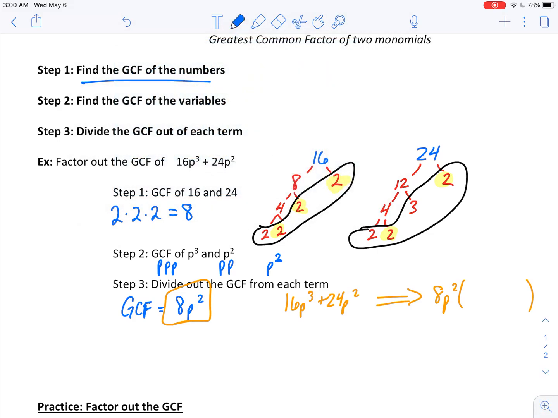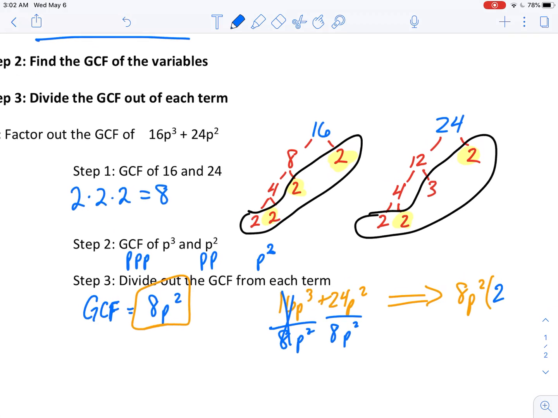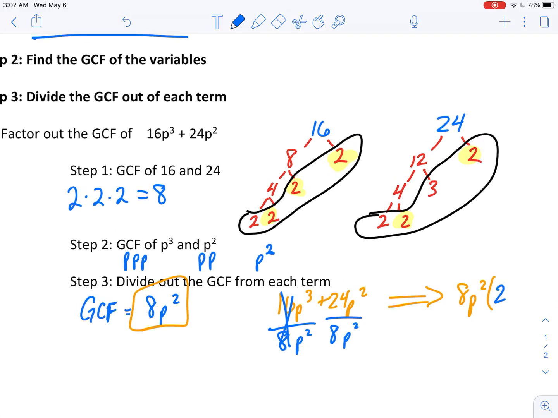So our next step is to divide 8p squared out of both parts. And we're going to put what's left in those parentheses. So 16 divided by 8 is 2. So we're done with that. And what is p to the third divided by p to the second? Well, if I'm dividing powers, then what do I do with these exponents, the 3 and the 2?